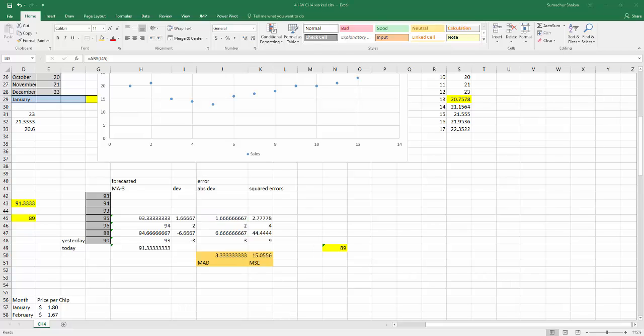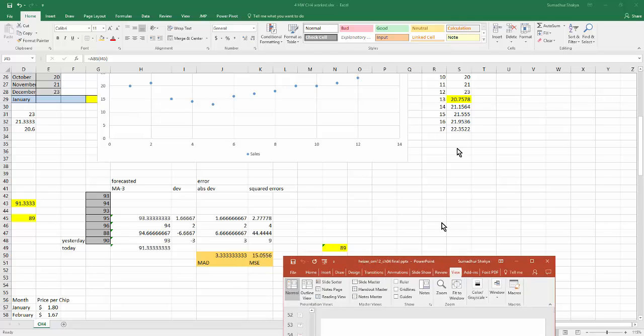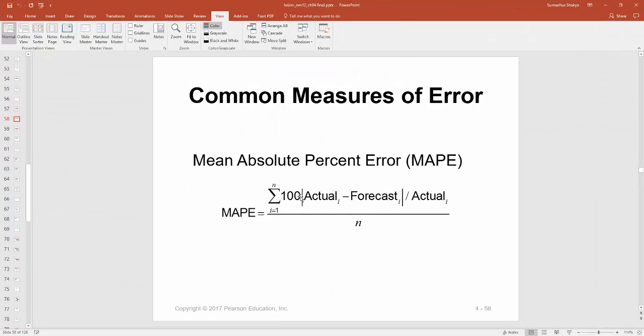Now the next thing for us is the mean absolute percentage error, which means that again this is the absolute error or deviation divided by the actual. So these absolute vertical lines will take care of any negative sign, so it will always be positive.